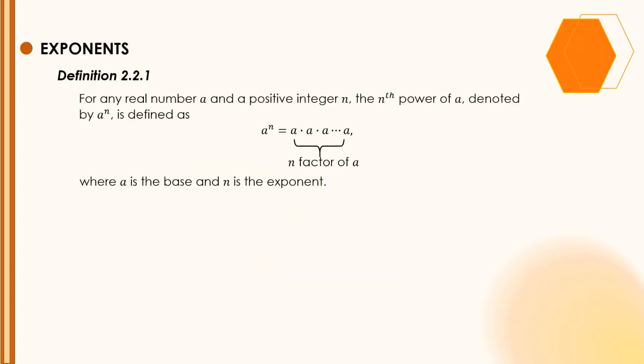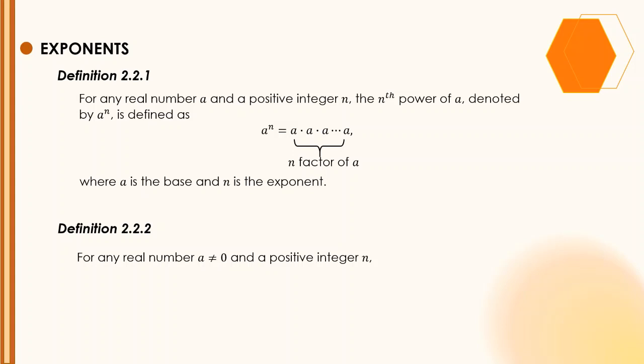Next will be about exponents. For any real number a and a positive integer n, the nth power of a, denoted by a to the power of n, is defined as this one, where a is the base and n is the exponent.